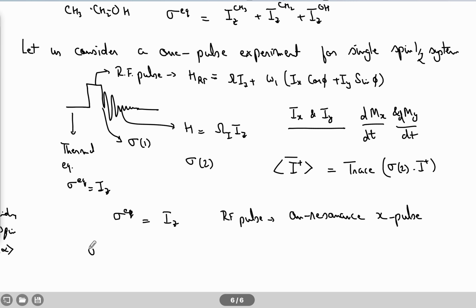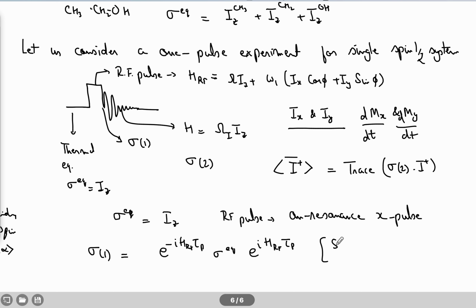This means sigma 1, which is after the end of the application of the RF pulse, is given by e to the power minus i H_RF tau_p, where tau_p is the total duration for which the pulse is applied, times sigma EQ times e to the power i H_RF tau_p.